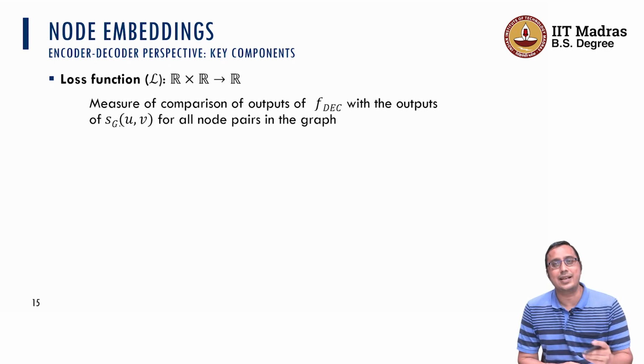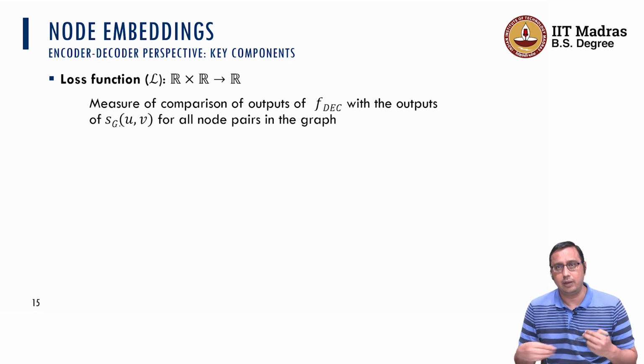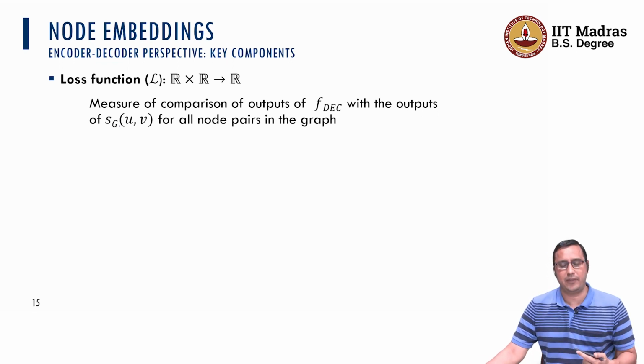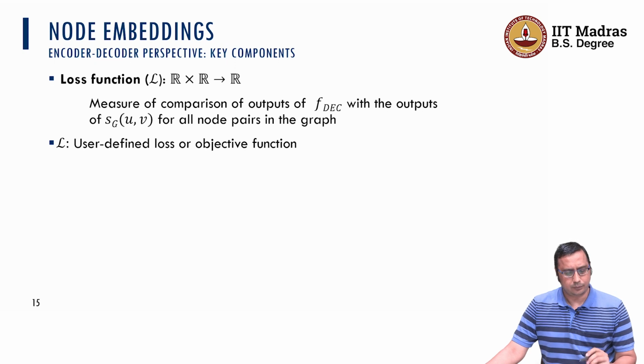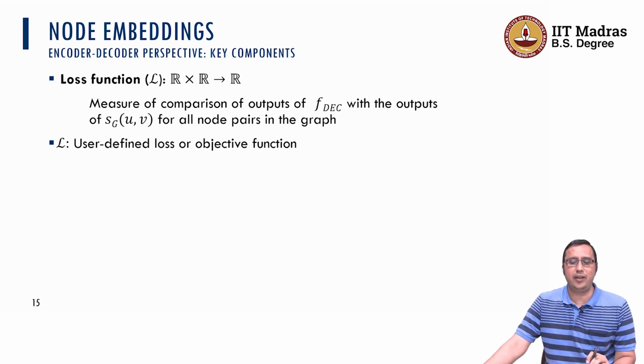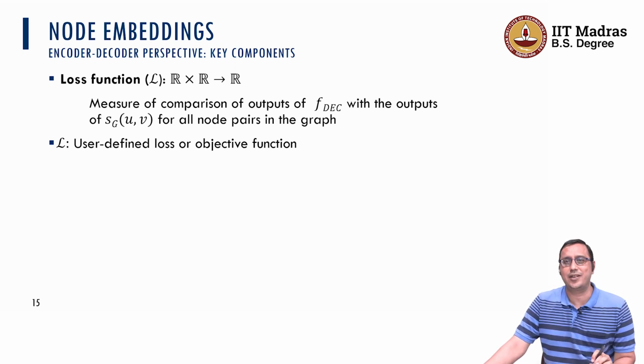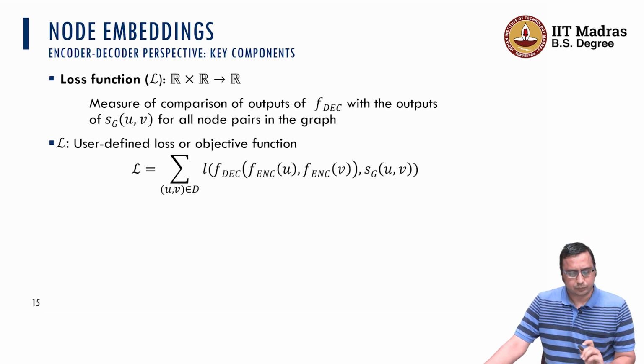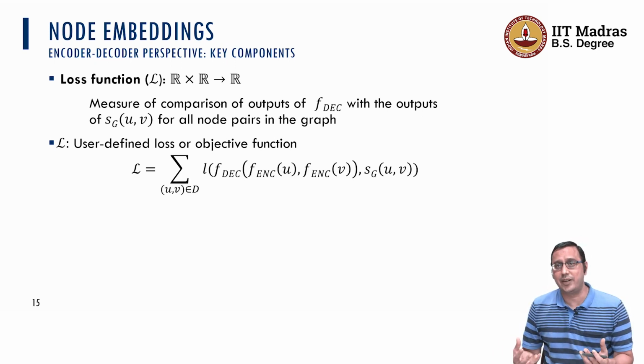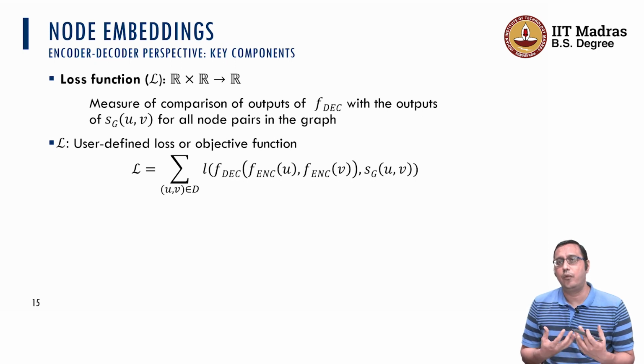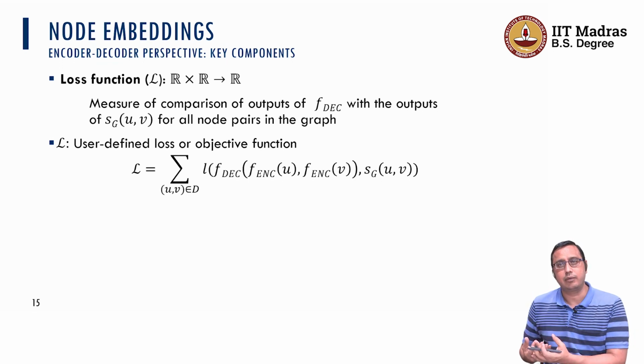Here we are looking at a pairwise comparison, and it is a user-defined loss or objective function. Why is it user defined? Because the user will decide what information they would like to preserve from the graph in the embedding space.